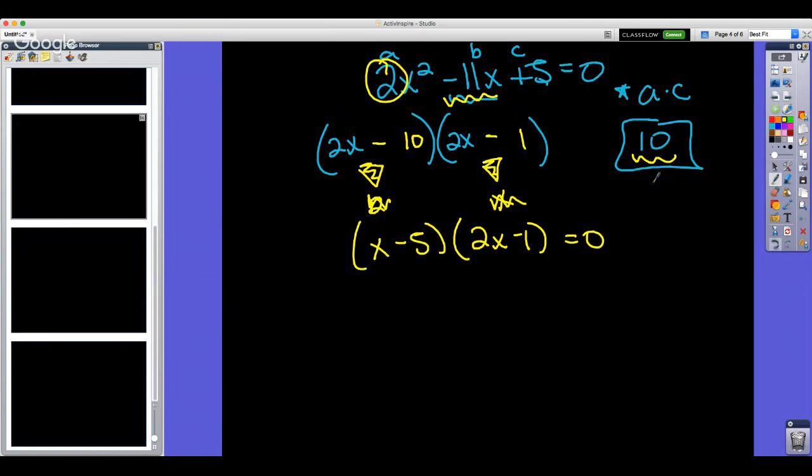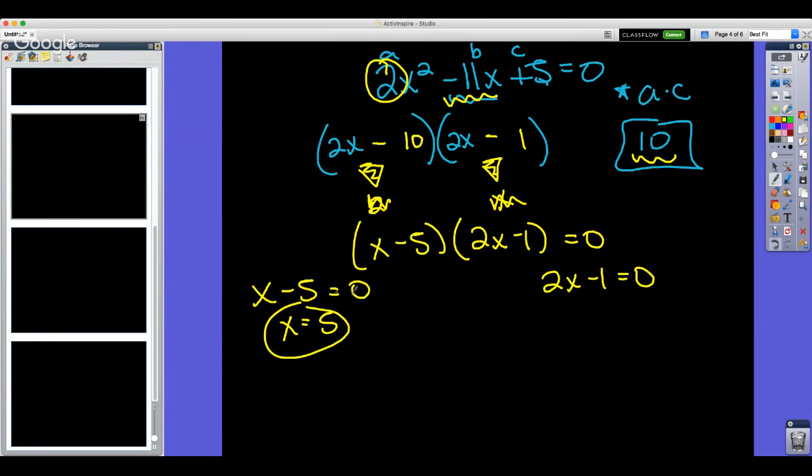Okay? All right. So now we're going to set both of these equal to what? 0. Okay? All right. We good on this? So we set them each equal to 0, right? So what's x equal to on this? Positive 5, because we add 5 to both sides, right? What about this?